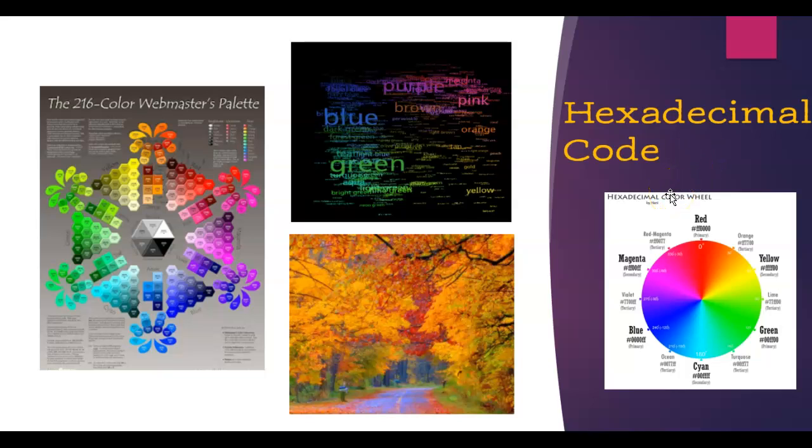A hexadecimal code is a way to represent color in RGB format by combining three values: the amounts of red, green, and blue in a particular shade of color.